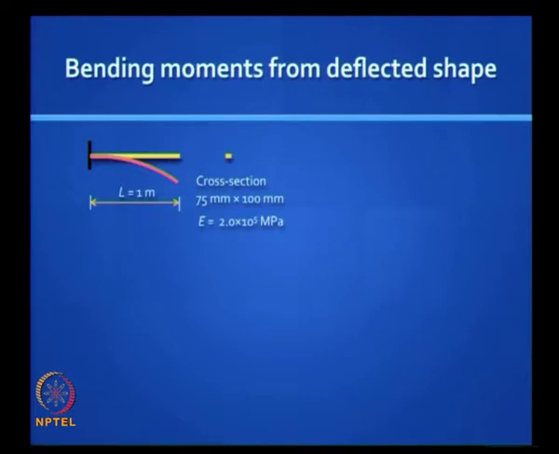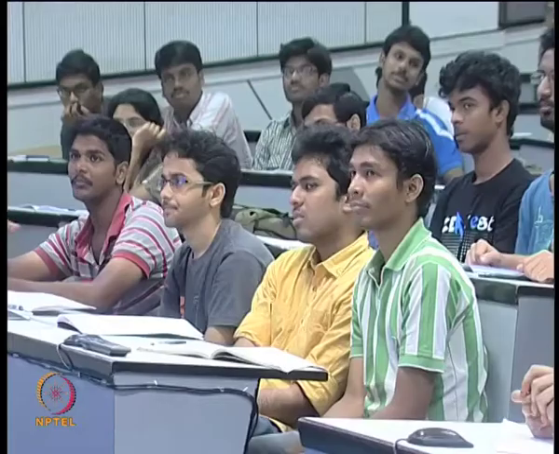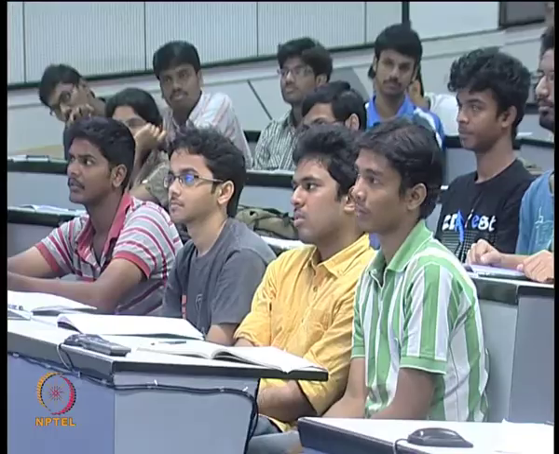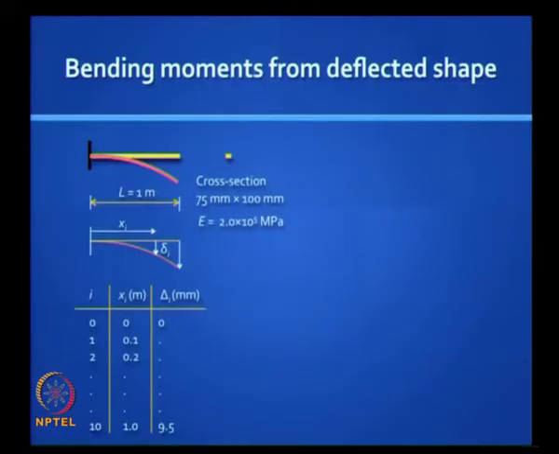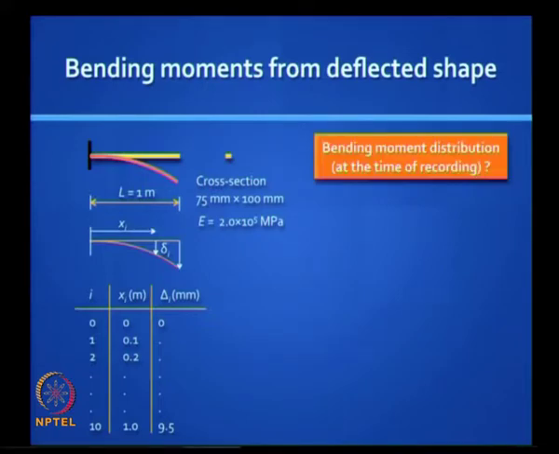How do you compute those bending moments? From the deflection. How do you get it from the deflection? Derivative of deflection. So you can digitize the diagram and get, for different locations, let us say you have 10 locations on that beam, the deflections, and then you know that there is a relationship between curvature and bending moment.